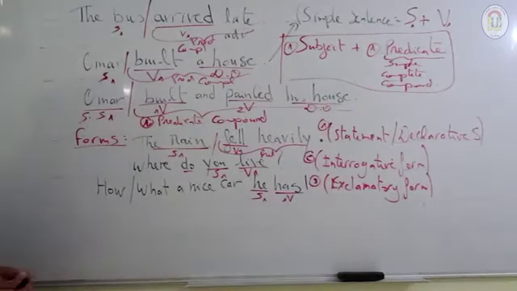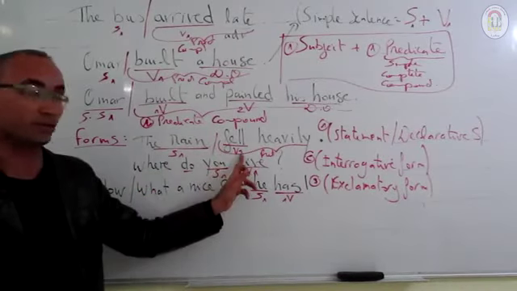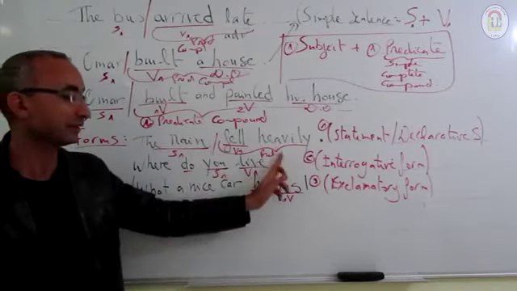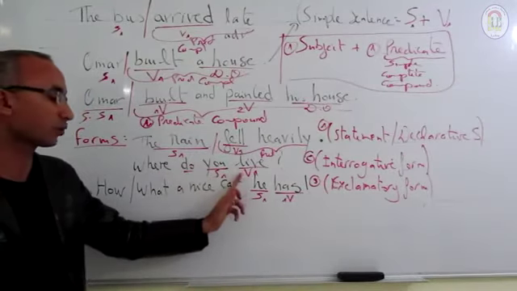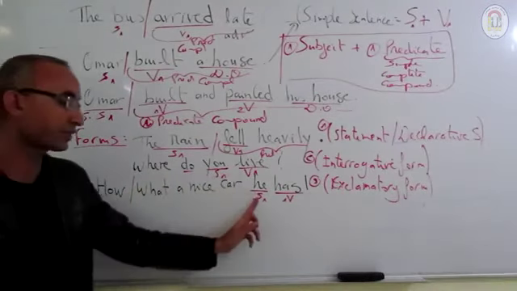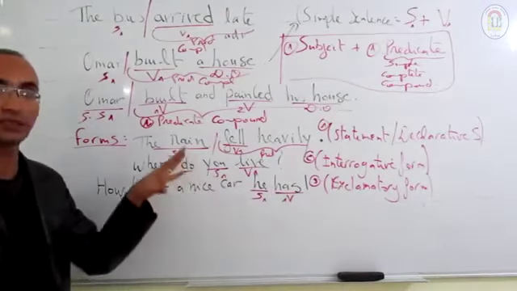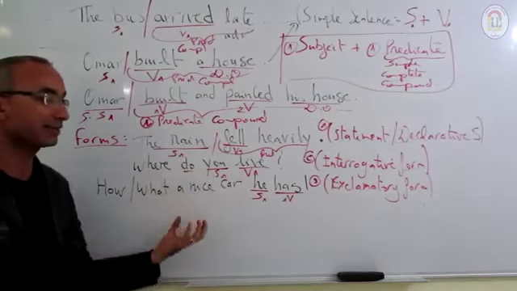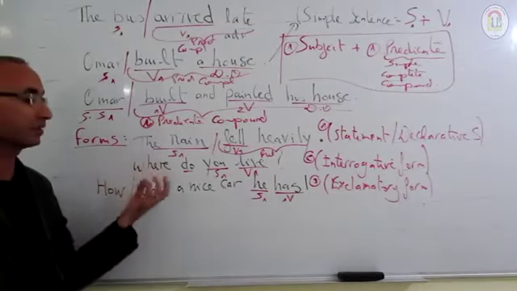One subject and one verb within one predicate. It is simple. So all of them are simple sentences, and these are the forms of the English simple sentence.